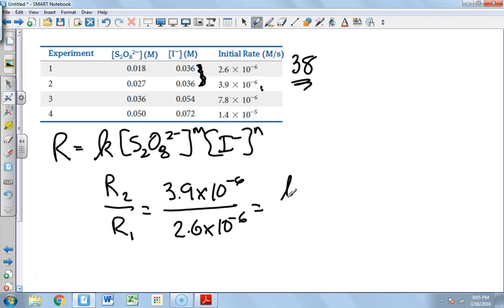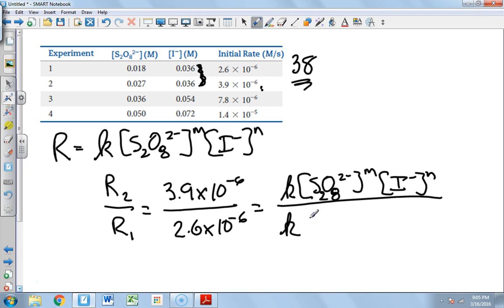And that equals k times the concentration of S2O8 2- raised to some power m times I- raised to some power n, but it's R2, so these are all the 2's, over R1, k times S2O8 2- to the power m times the iodide ion to the power of n.